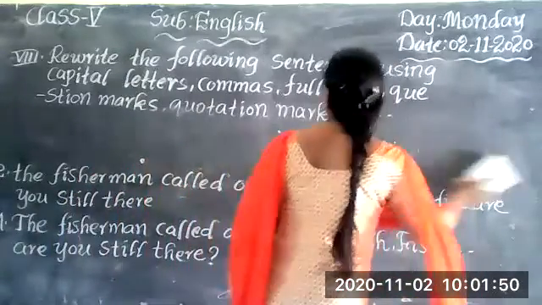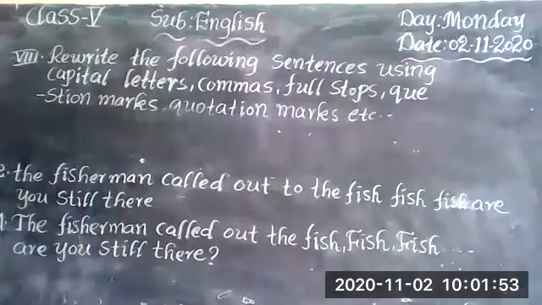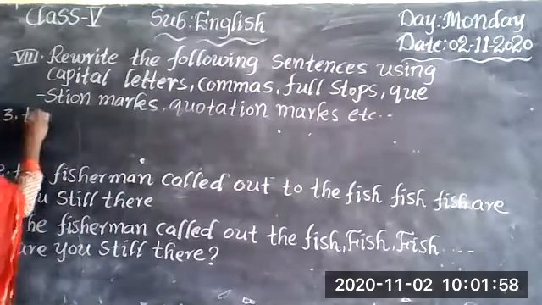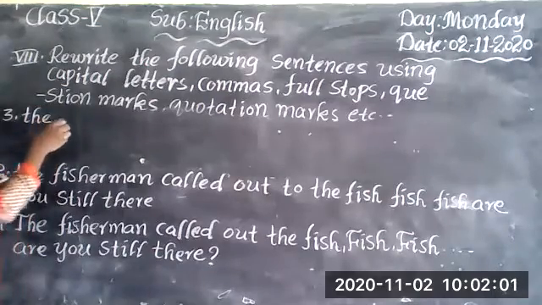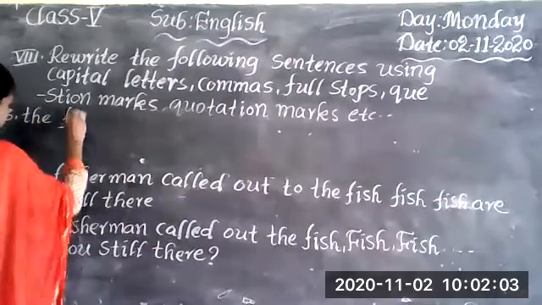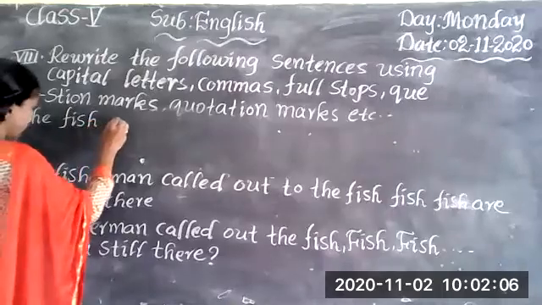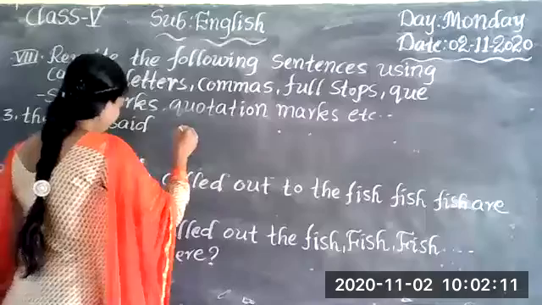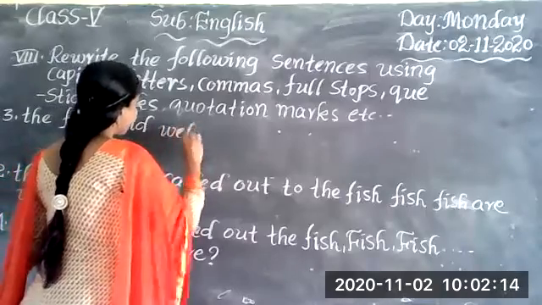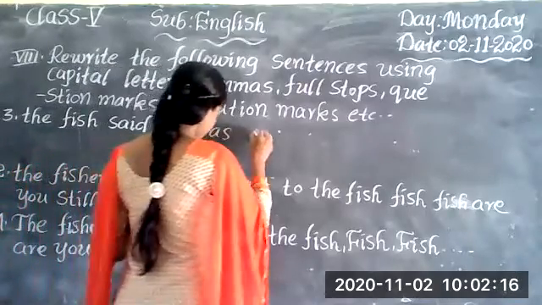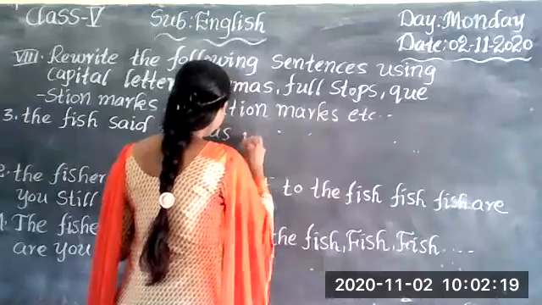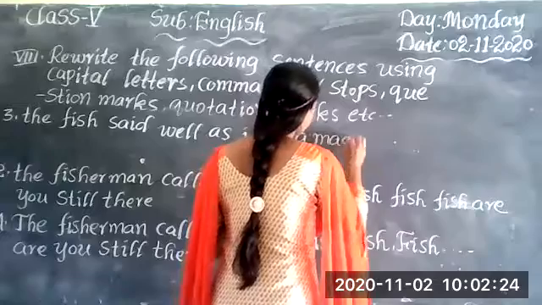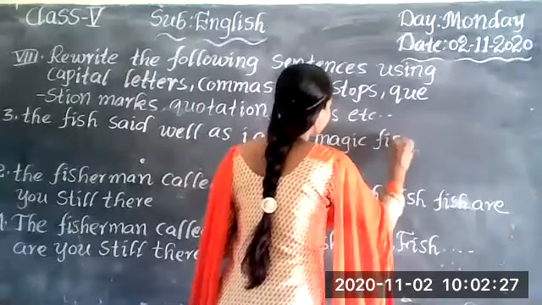Okay, next the third sentence. The fish said, well, as I am a magic fish, I am a magic fish.